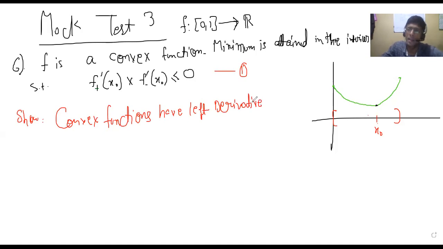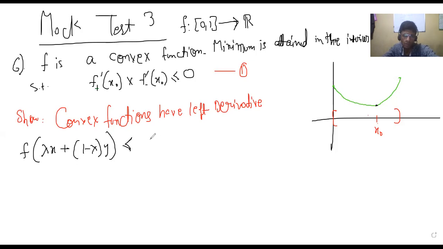So convex functions have a left derivative. Does anybody know how you prove this? I will not discuss the proof in detail now.